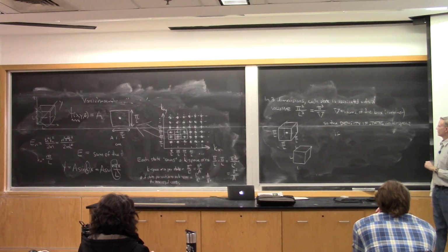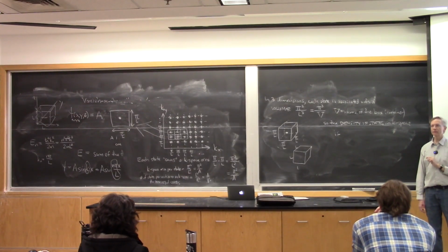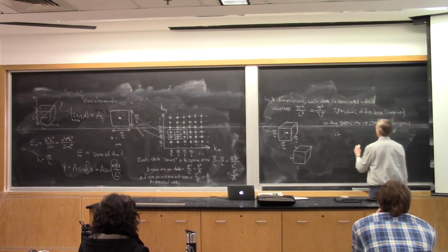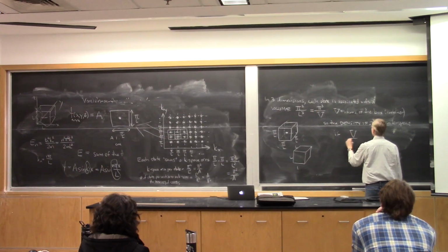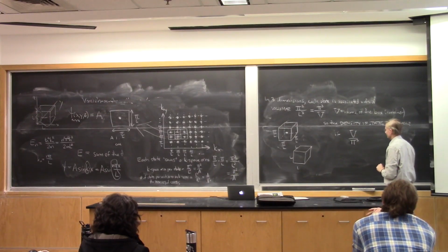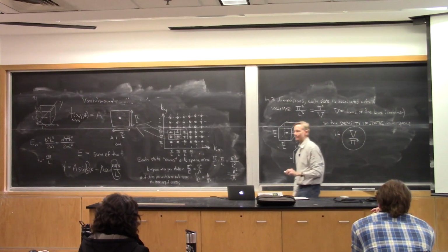The volume per state is pi cubed over capital V, the K-space volume per state. So the density of states is, yeah, volume over pi cubed. The volume of the box divided by pi cubed. That's the density of states in K-space.